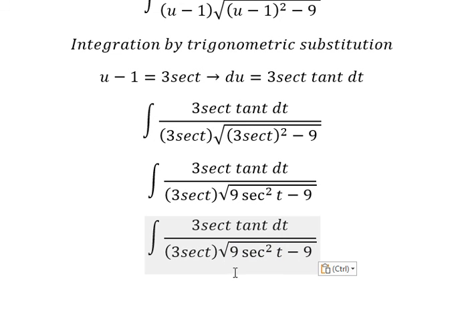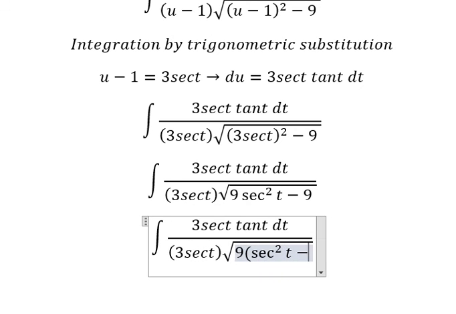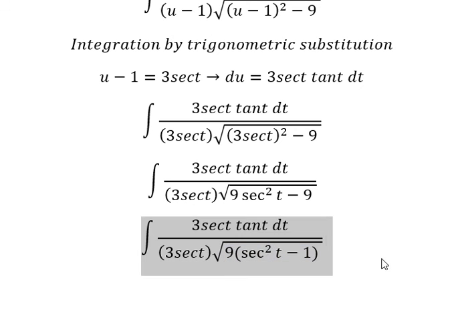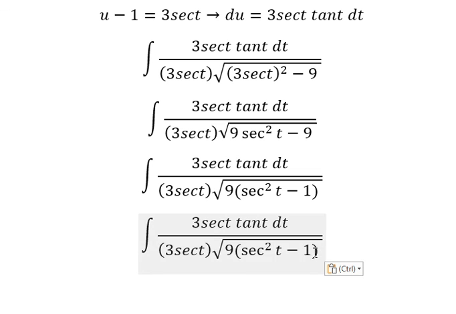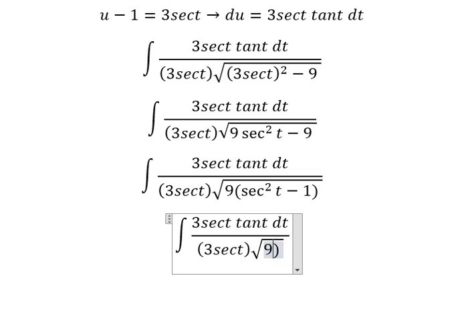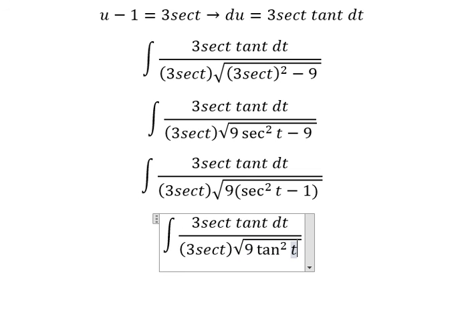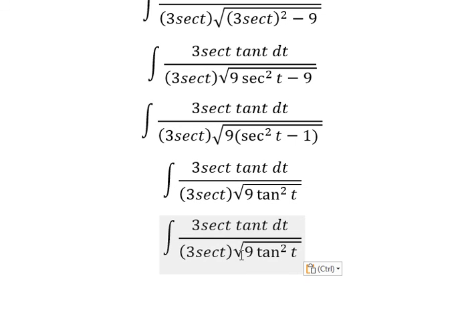Number 9, we can do factorization. This one we have tan t squared. The square root of 9 tan t squared, we have 3 tan t.